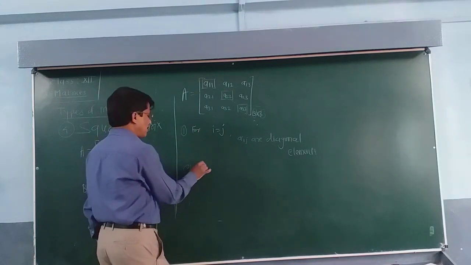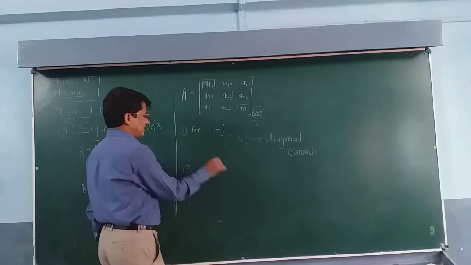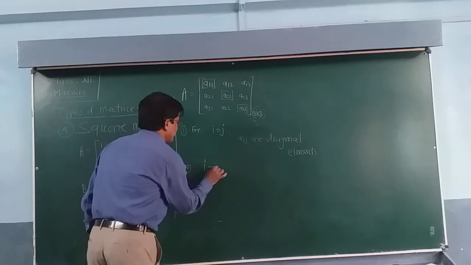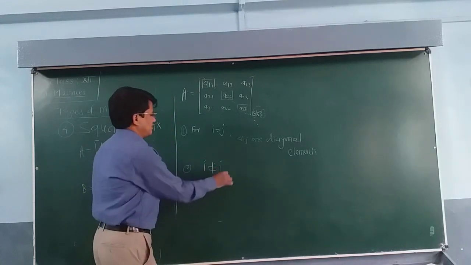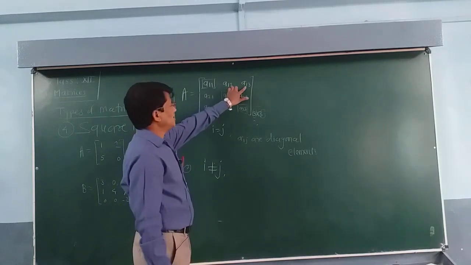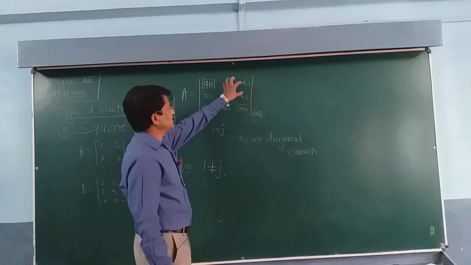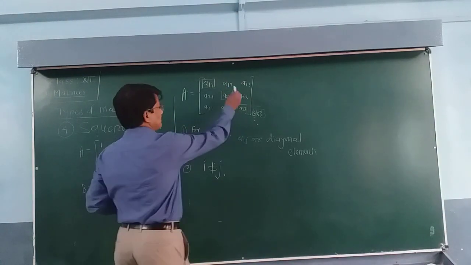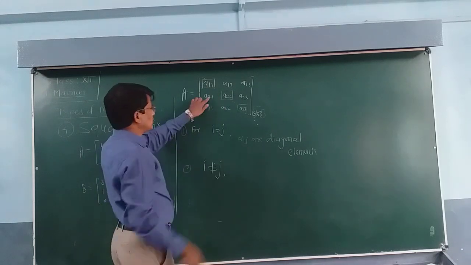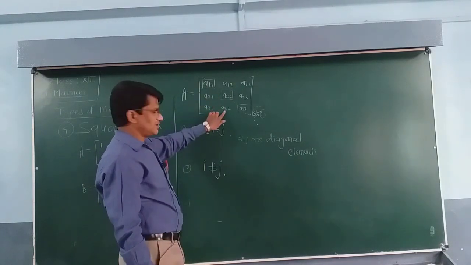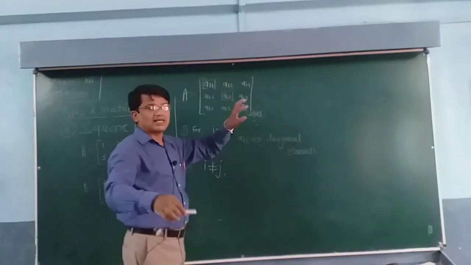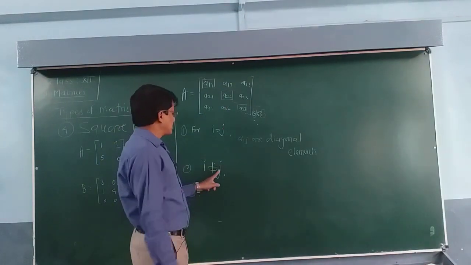Number 2: for i not equal to j, these elements are also arranged here, with 2 greater than 1, 3 greater than 1, 3 greater than 2. So these 6 elements are those where i is not equal to j.